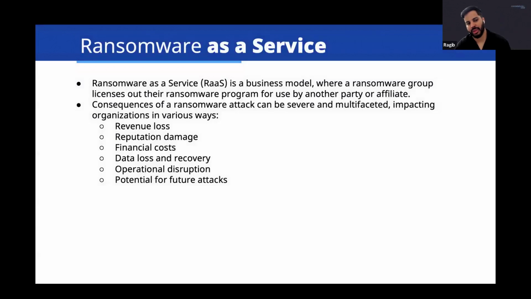Next, we're talking about one of the most disturbing trends in cybercrime: ransomware as a service, or RaaS. This is essentially the franchising of cybercrime, where cybercrime groups license out their malware to other criminals who want to get into the ransomware business but lack the technical skills.